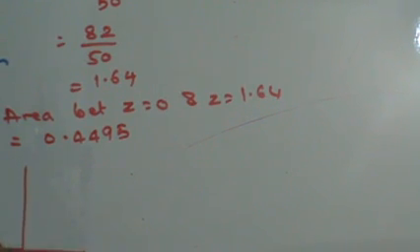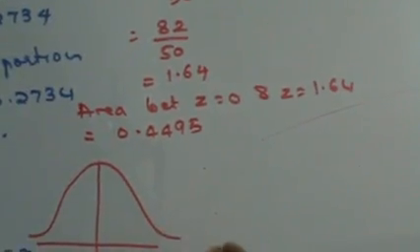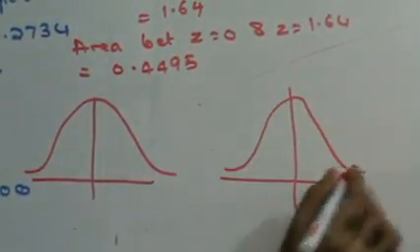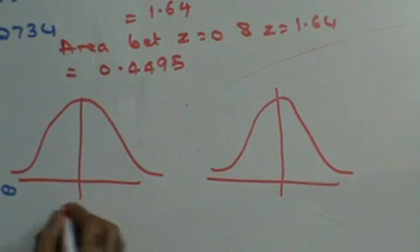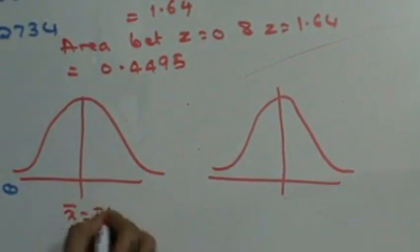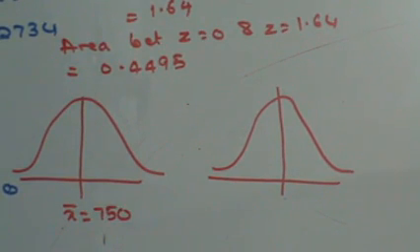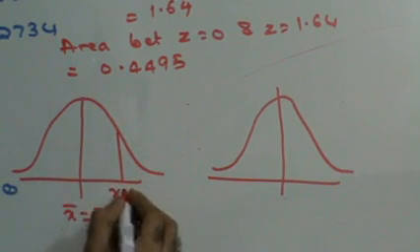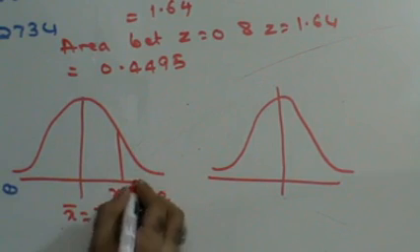One for the actual data, and this is your bell curve for normally distributed data. This is your mean, which is going to be 750. I want to know how many people have income exceeding 832. This is x is equal to 832.